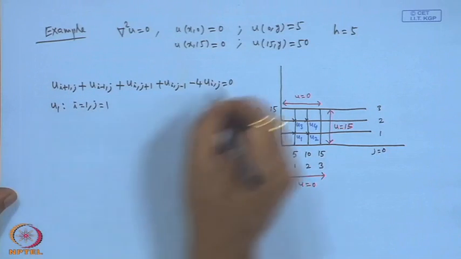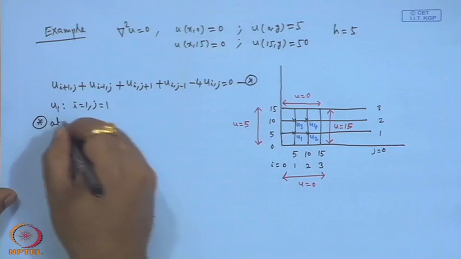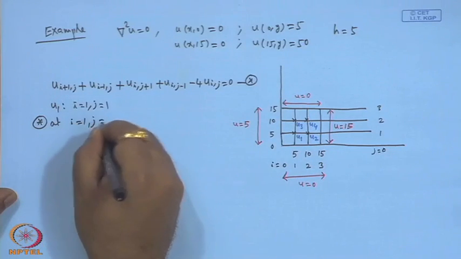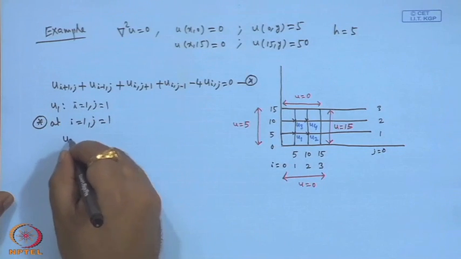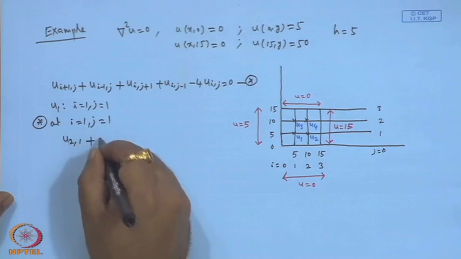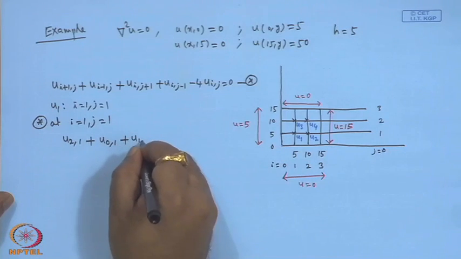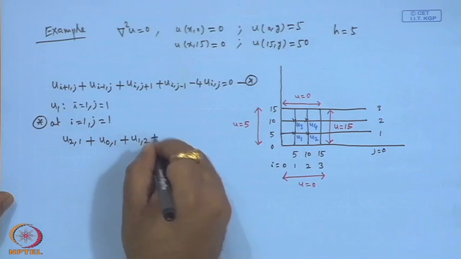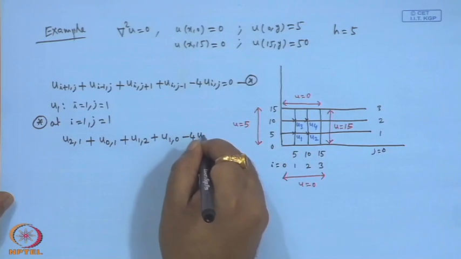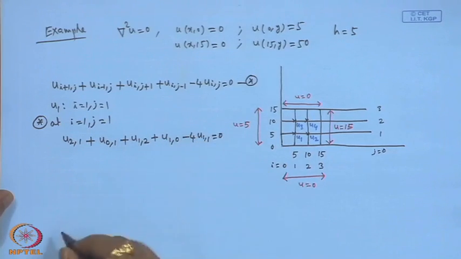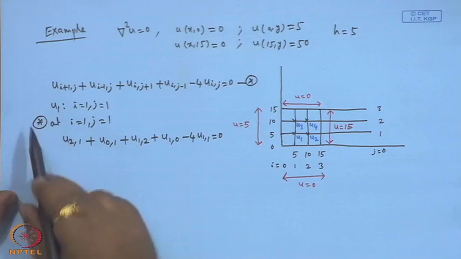So, we have star at i equal to 1, j equal to 1 will be u 2 1, u 0 1, so according to our notation u 1 1 is u 1.